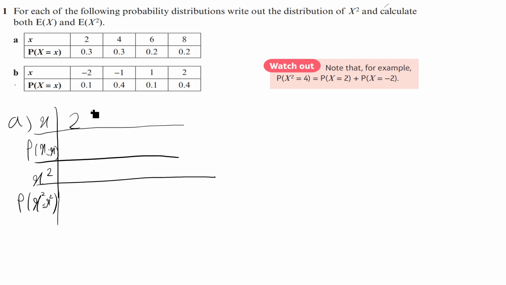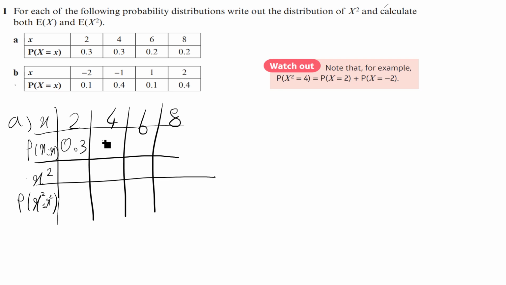By inputting the values, okay, we all have the probabilities and they're all the same. And here we only need to square the values of x. So 4, 16, 36, 64.